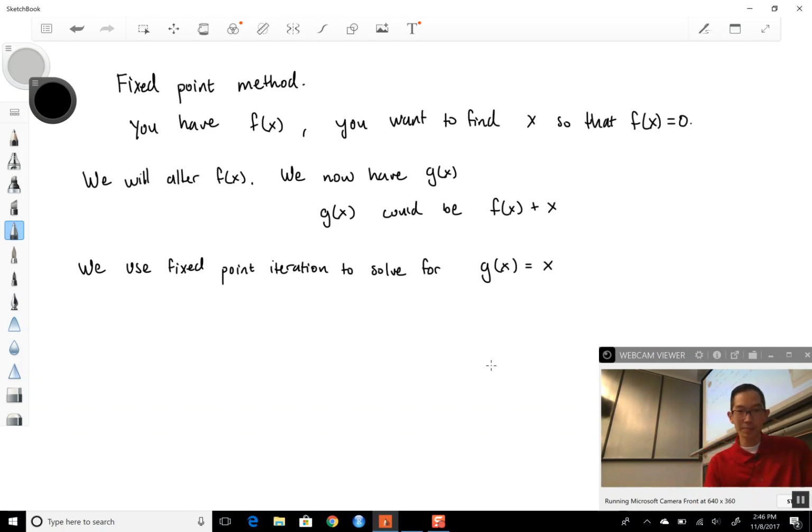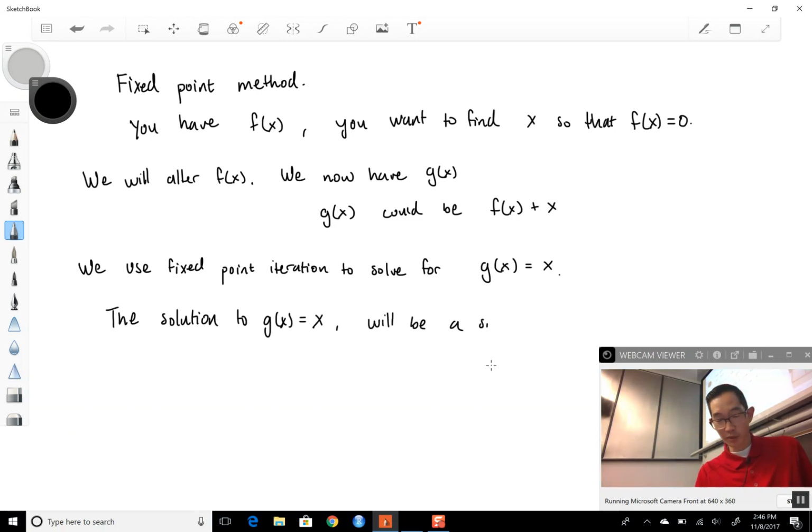Okay, so we're going to use fixed point iteration to solve for g of x equal to x, and then basically the solution to this will also be a solution to the other, okay? And the solution to g of x equal to x will be a solution for f of x equal to 0.